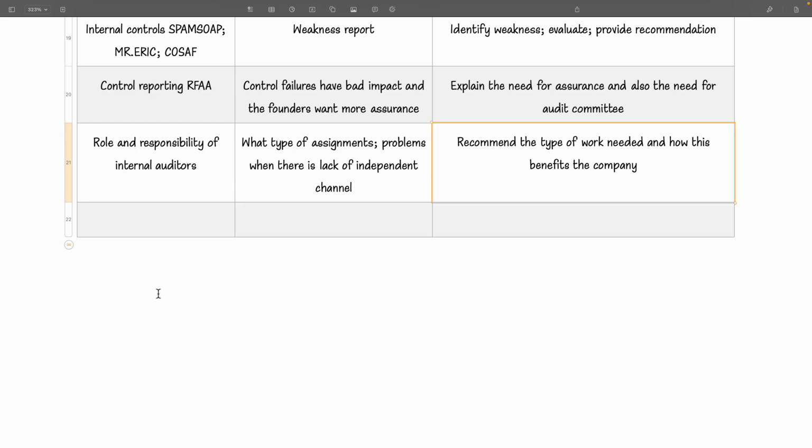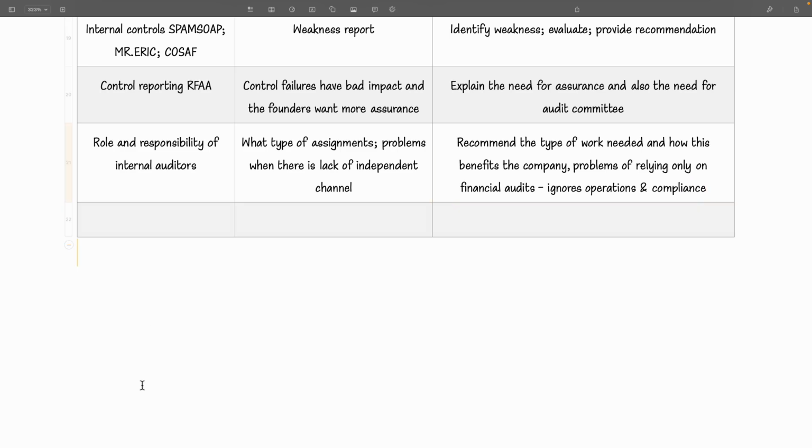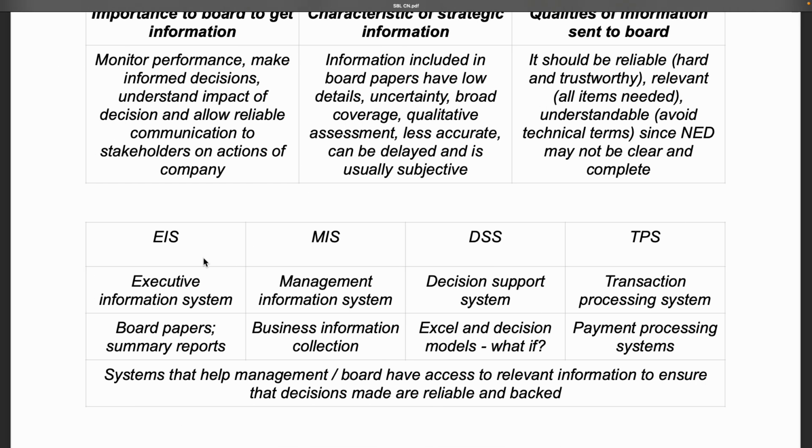So this is one of the gap that came out, and you have to explain the problem because of this. Right, those are the problems that you can see there.